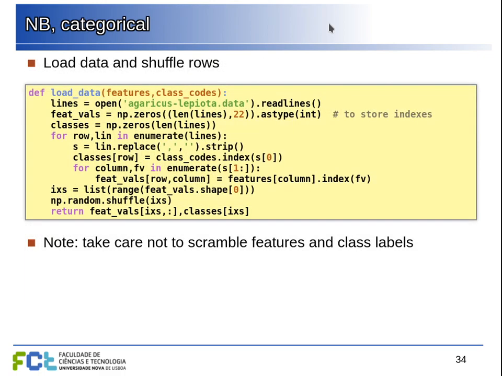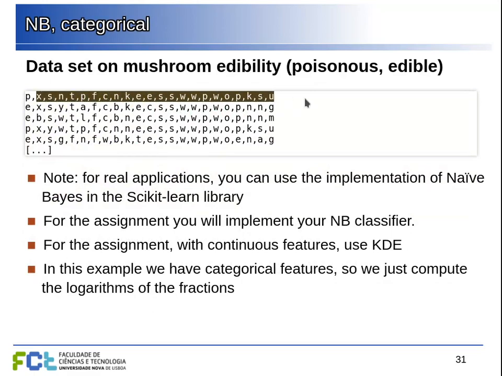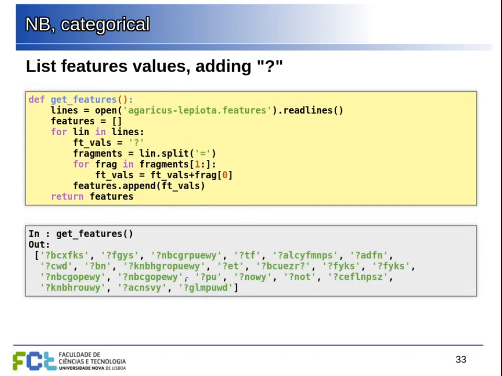Now we can read the data here. We have the different values for the features, and we can store the indexes of these values. So the idea is that we're not going to store the letters, but this would be value 0, value 1, value 2, and so on. It makes it easier then to compute everything with NumPy.